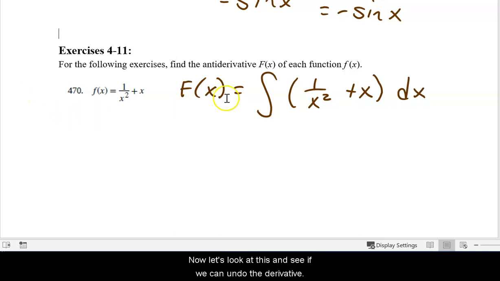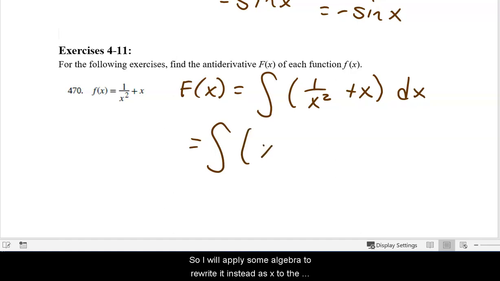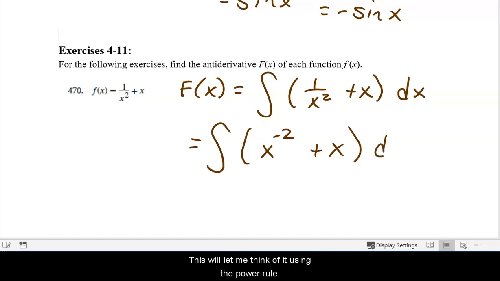Now let's look at this and see if we can undo the derivative. It is difficult to know what the antiderivative of 1 over x squared is in its current form. So I will apply some algebra to rewrite it instead as x to the negative 2 power. This will let me think of it using the power rule. Remember that for a derivative, you pull the power to the front and then subtract 1.